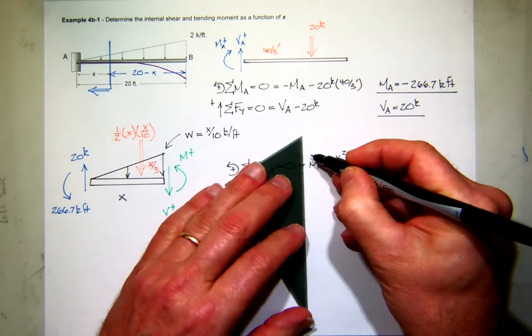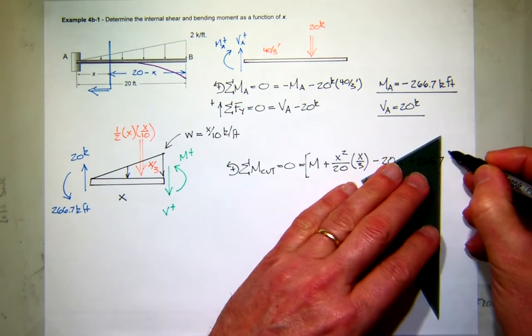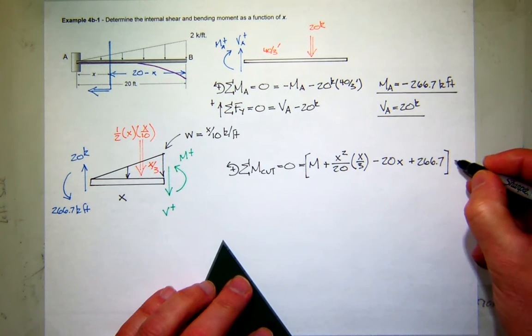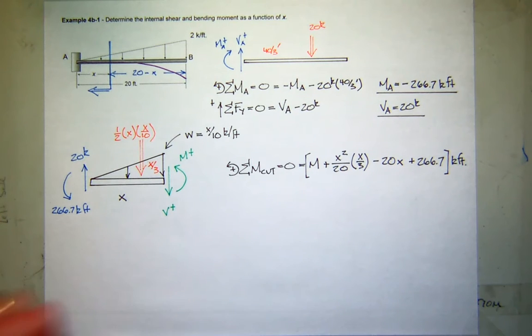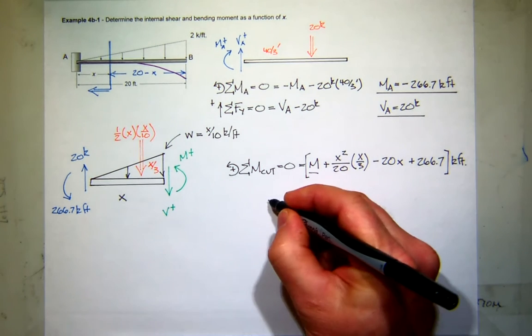And just so you remember, I'm going to put a bracket around the whole thing, because each term looks a little funny, but they all end up with units of kip feet, because they're moments. So all I have to do now is solve for M. So I'll do that.